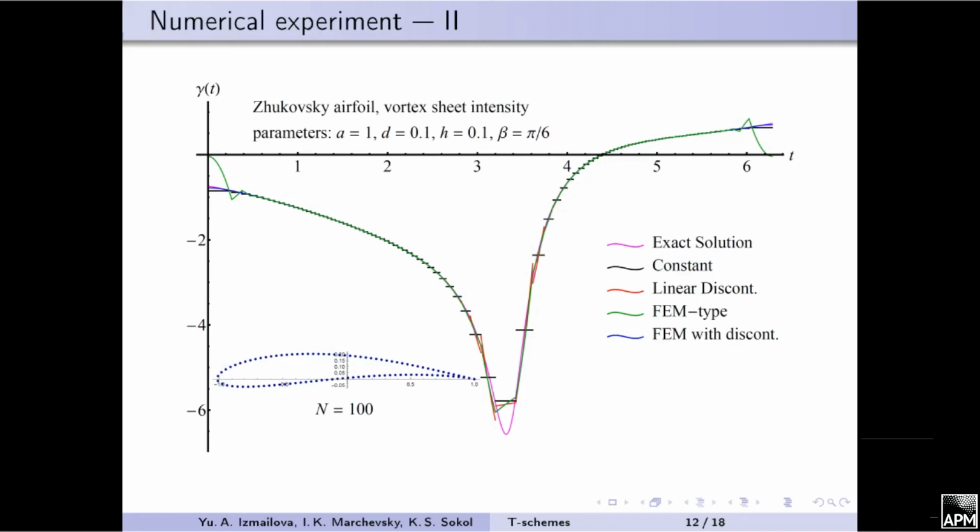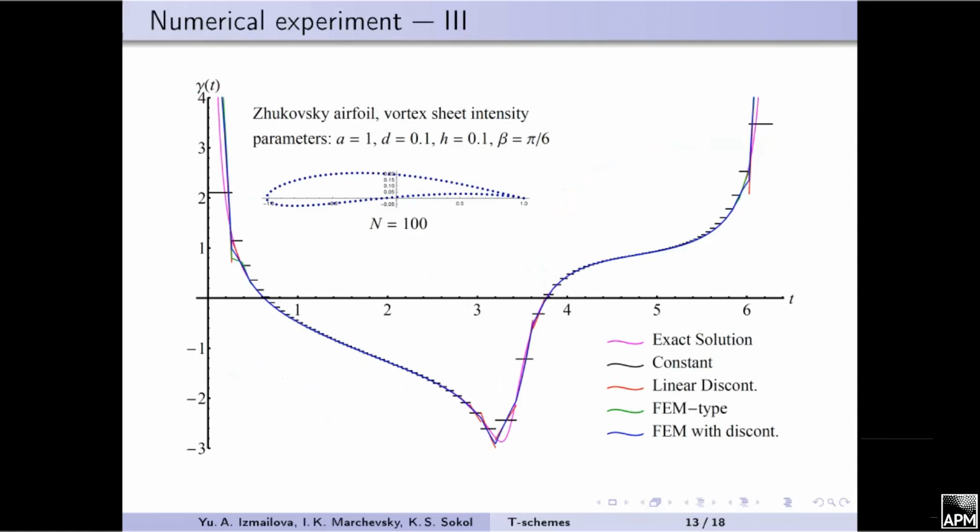Note that the solution is bounded. On the next slide, it is shown that the solution is unbounded. All the statements about orders of accuracy are appropriate only when the solution is bounded.